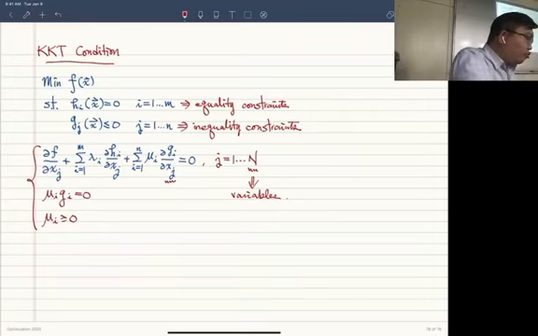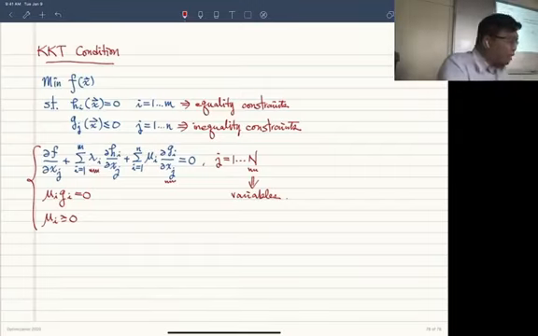So from here you could tell the number of mu and lambda. The number of lambda equals the number of your equality constraints, so I goes from 1 to n.